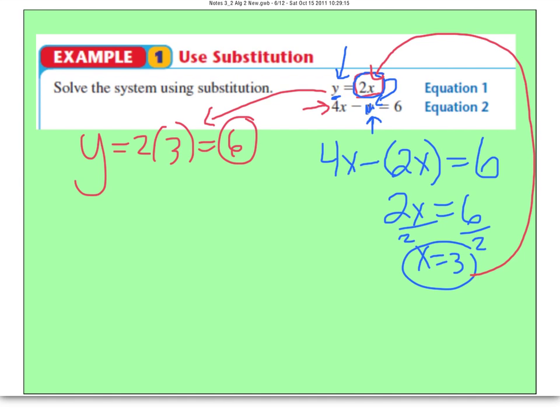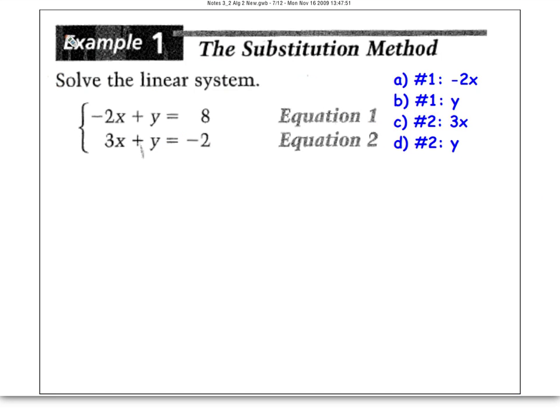So we just found the ordered pair of (3, 6) as the answer. Because remember, the answer is, if I graph them, where they would cross. So the answer is in ordered pair format. If we put 3 in for x and 6 in for y, you actually will get the correct answer for this system. Let's look at another example.